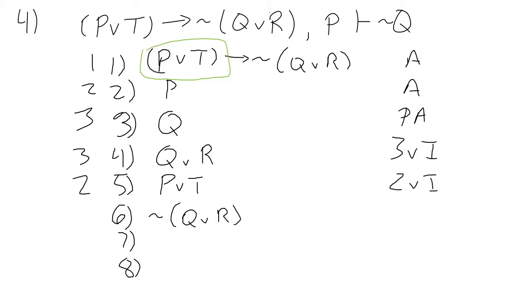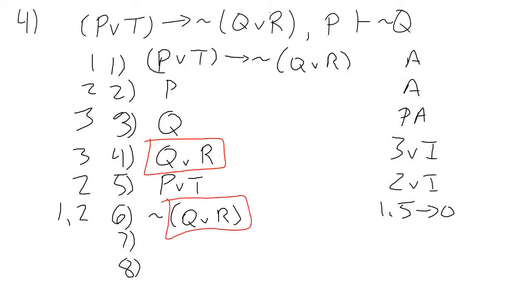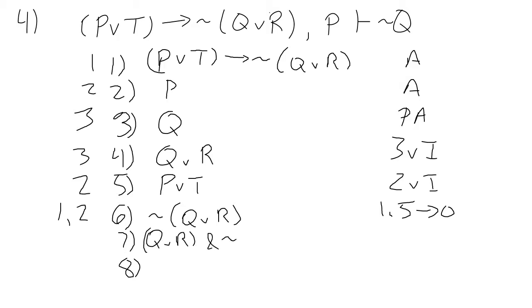So that is going to be from 1 and 5, arrow out. That's going to be 1 and 2. And then we can build our contradiction. So I've got here and here. So I'll put those together. Q or R. And not Q or R. And that is going to be from 4 and 6, ampersand in. 6 is 1, 2, and 3.